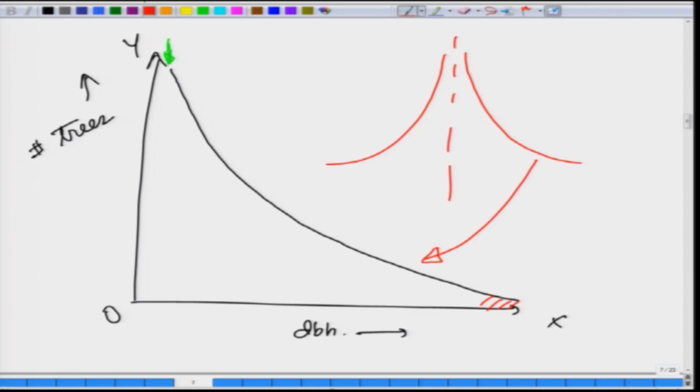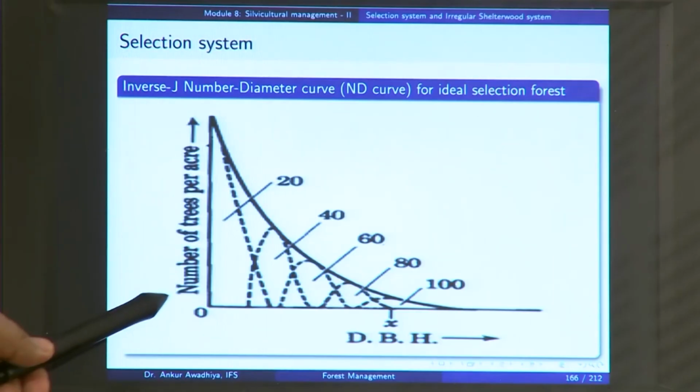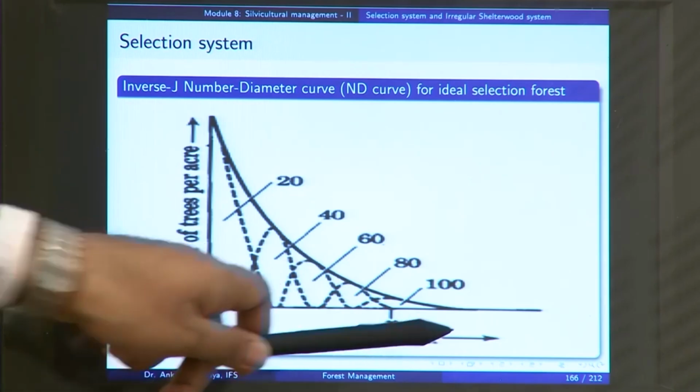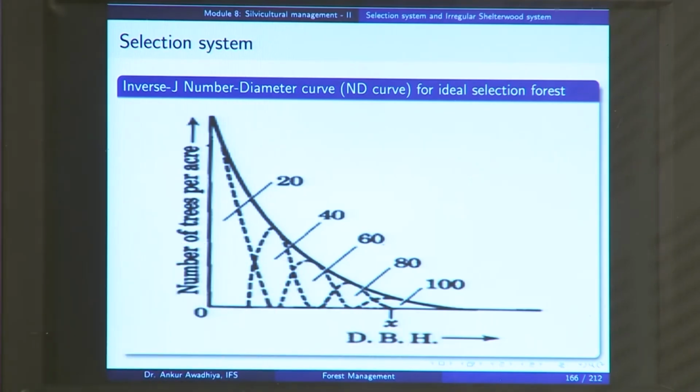N is the number of trees per acre or per hectare that you plot on the y axis, and D is the diameter of these trees that you plot on the x axis in the form of the DBH. Now, this ND curve for an ideal selection forest, it is coming from a combination of a number of even aged stands.